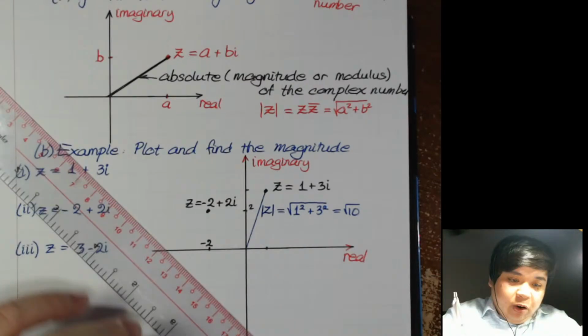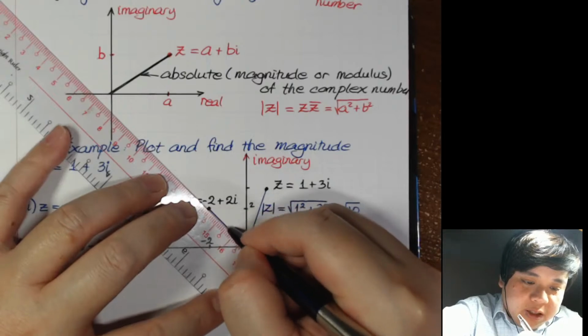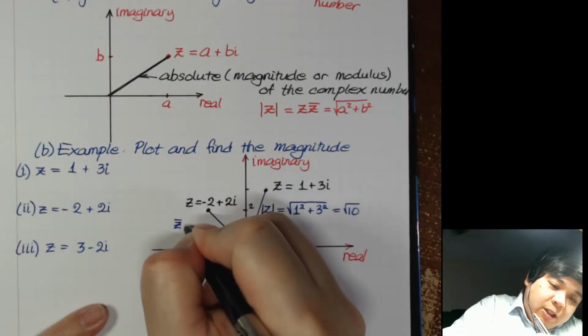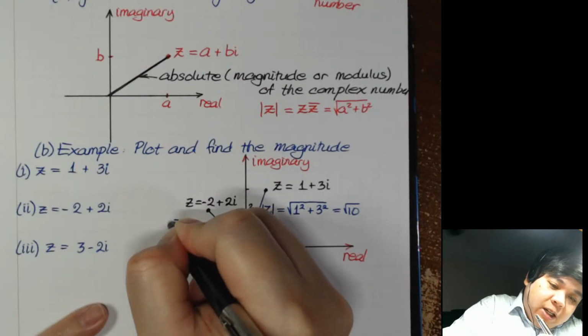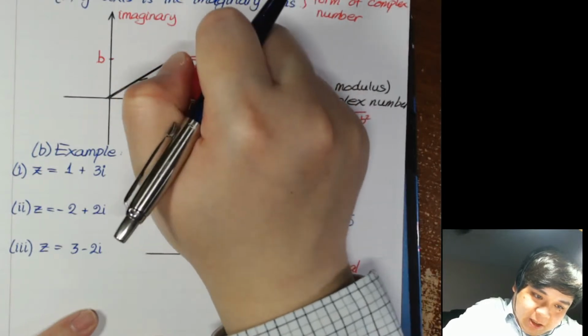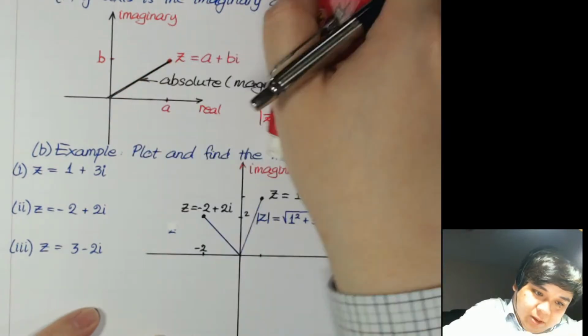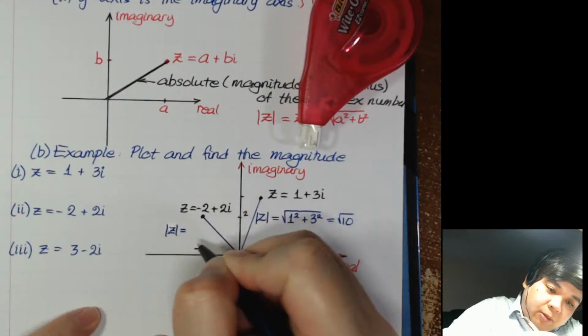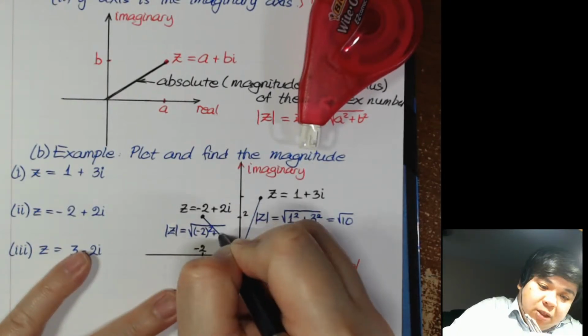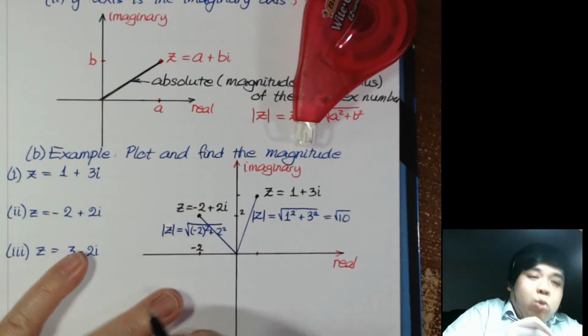And then we connect to the origin to have the absolute value. So the absolute value here would be the square root of a squared plus b squared, which is the square root of 8.